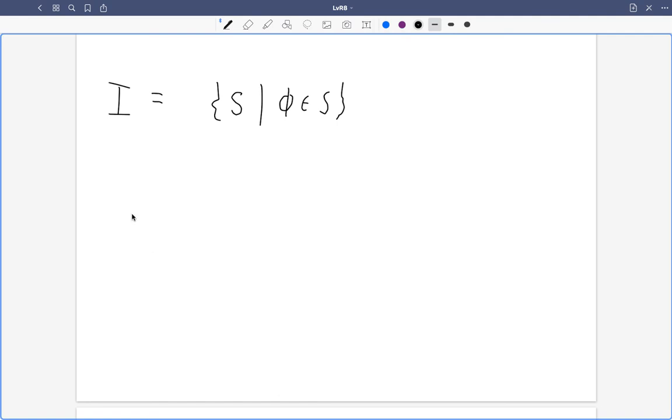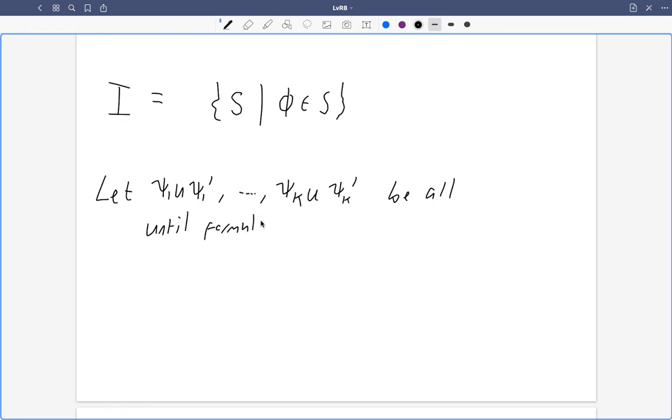So for the final states, we don't just have one set of final states, we have several sets of final states. So let psi1 until psi1 prime to psik until psik prime be all until formulas in the set of complemented subformulas of phi.